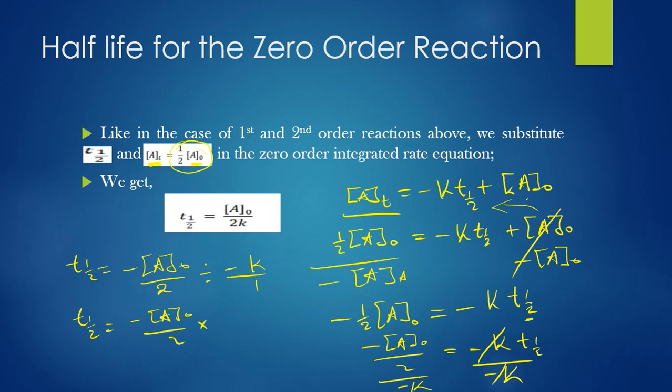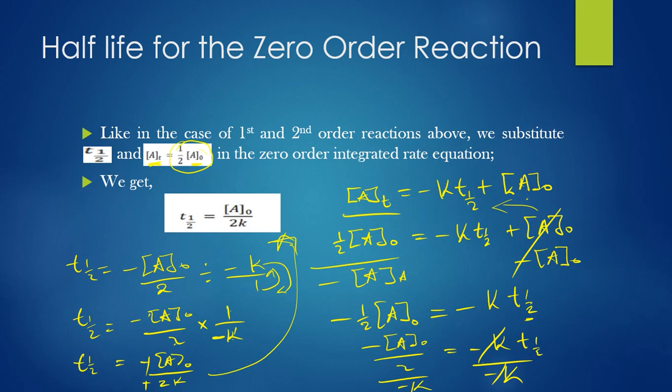When you do the multiplication, this will go up, this will come down. So you're going to have 1 there, down there, and this is negative k. When you multiply this by that, we're going to have negative of the initial concentration, and this time is going to have negative 2k. You cancel this, your half-life will be like this, so it will take this form now.